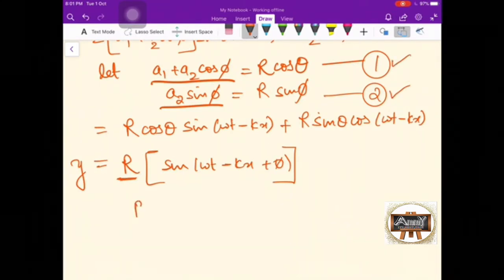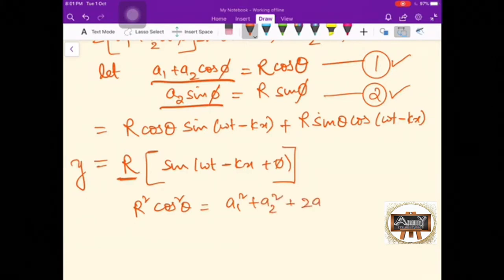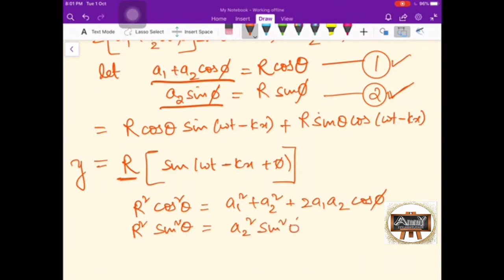If I square equation 1, you can see r square cos square theta is A1 square plus A2 square cos square phi plus 2 A1 A2 cos phi. Similarly, squaring equation 2, I get r square sin square theta equals A2 square sin square phi.